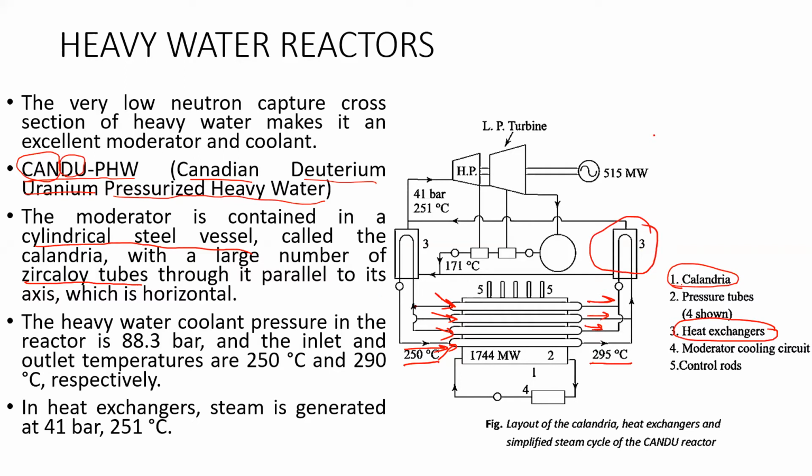The water flowing through these tubes is the heavy water. Why heavy water? In normal water, hydrogen is there, and in heavy water D2O is there.